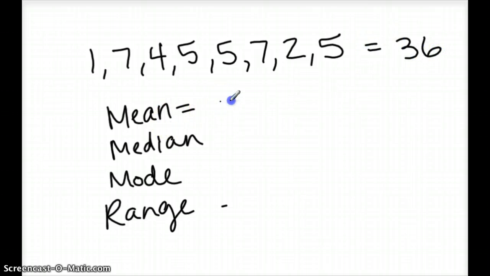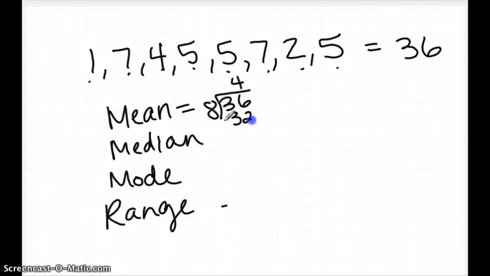So to find the mean, I take 36 and I divide by the numbers I have. I have 1, 2, 3, 4, 5, 6, 7, 8 numbers. So 8 goes into 36 4 times. I have a remainder of 4, so that's my mean.